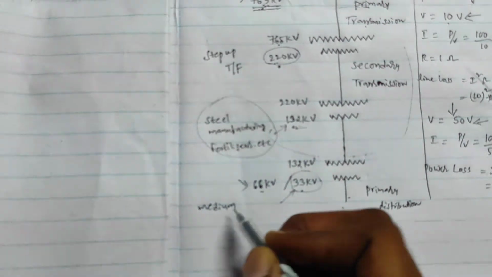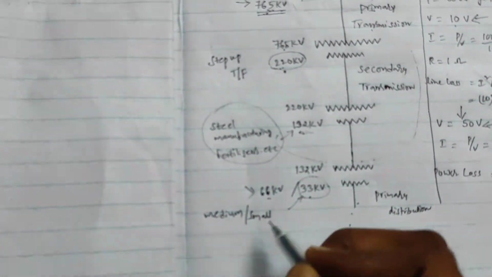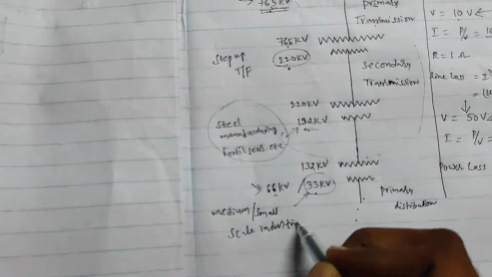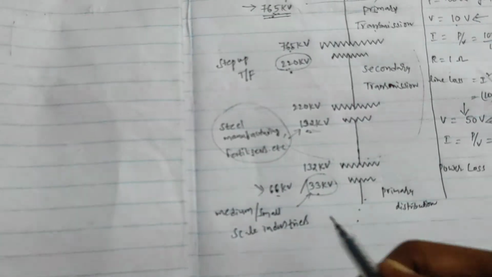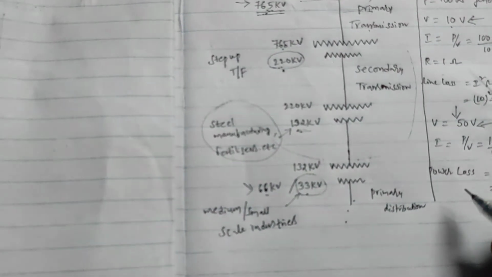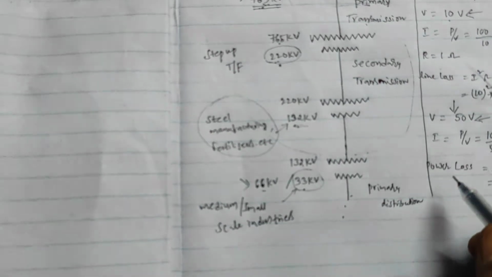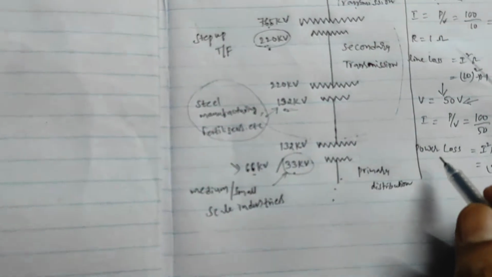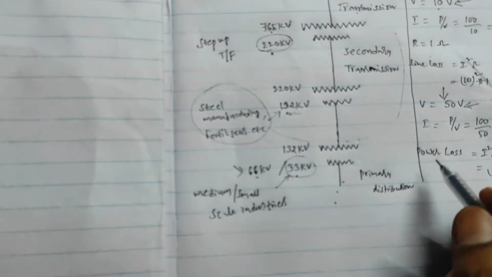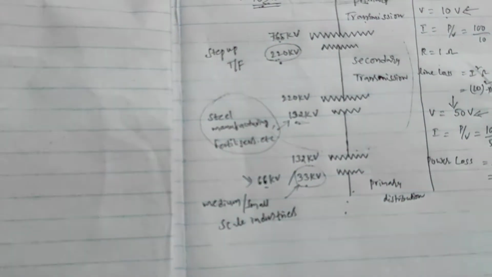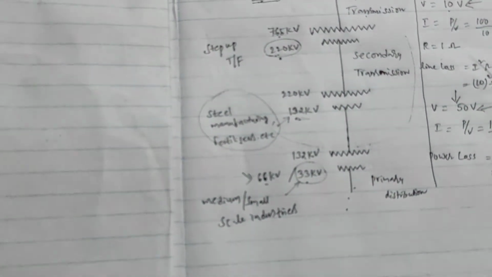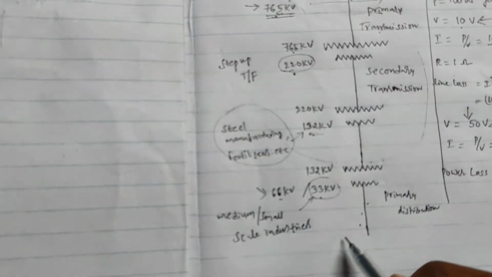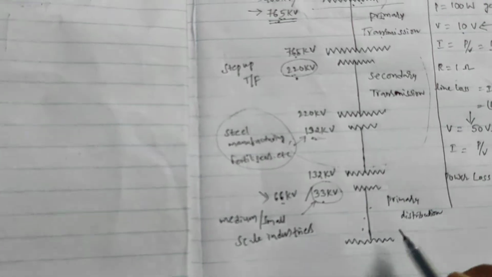Medium and small scale industries will take power at this 33 kV voltage, and thereafter again the power should be stepped down to a reasonably low voltage, that is to say 400 volt.